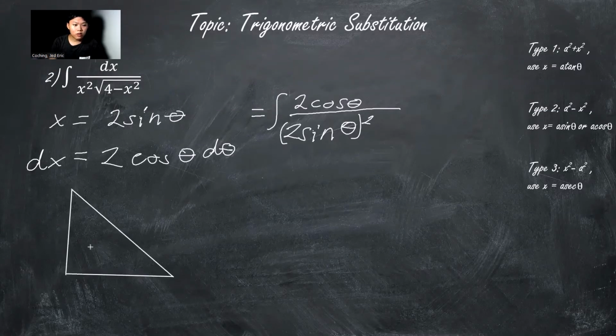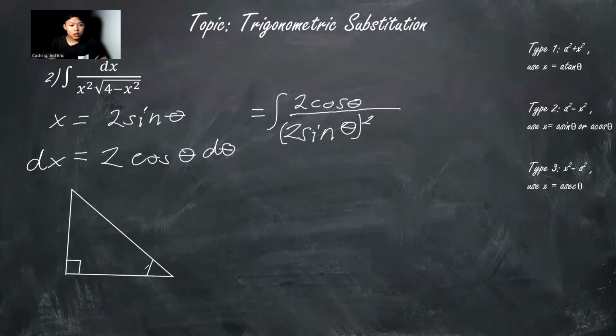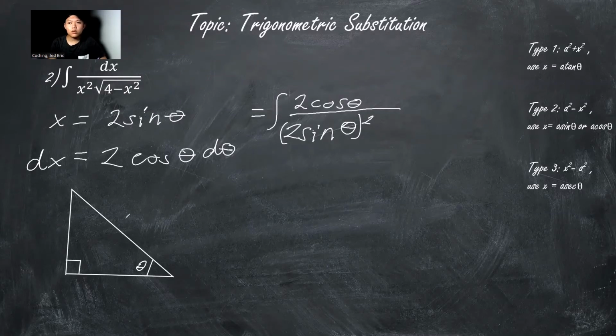This is the right angle, this is going to be theta, this is going to be 2, this is x, and this is the square root of 4 minus x squared.